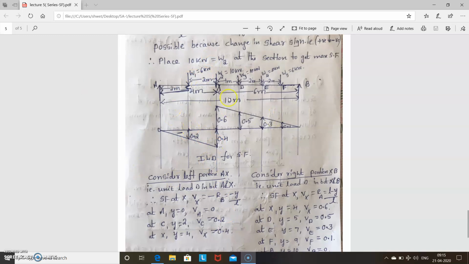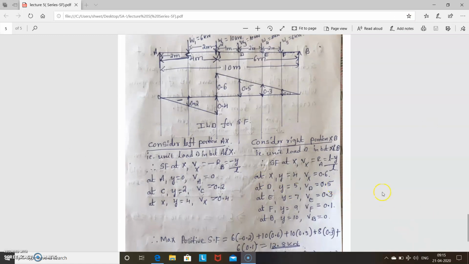Next, go to the right portion, XB, meaning the unit load is between X and B. Consider the shear force at X, taking this side. The shear force at X is RA, left side upward being positive, so plus RA is equal to (L minus y) divided by L. Next find it at different points. First point is at X, so y is equal to 4. Substituting in this equation, you get Vx is 0.6.